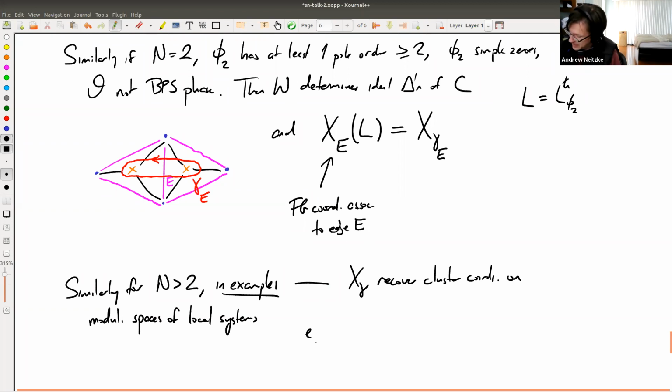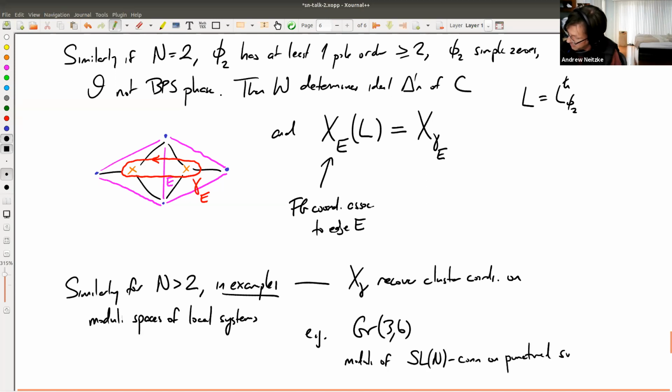So for example, a few examples that have been done: the cluster coordinates on Gr(3,6), you can get them all this way, or on moduli of SL(N) connections on a punctured surface with a specific kind of decorations that Fock and Goncharov considered, so complete flags around every puncture.